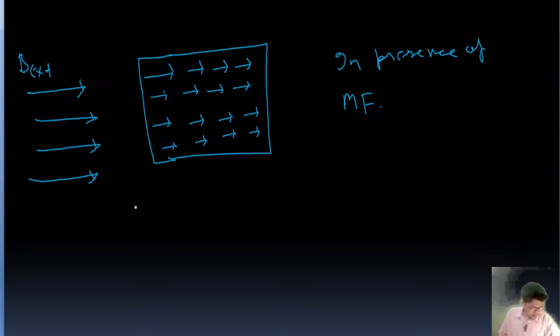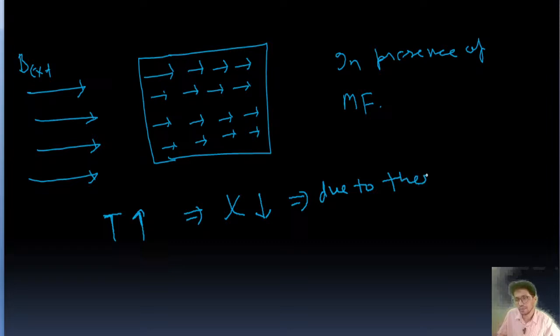Next, a very important thing. In a paramagnetic substance, if we increase the temperature, the magnetic susceptibility chi decreases due to thermal agitation.